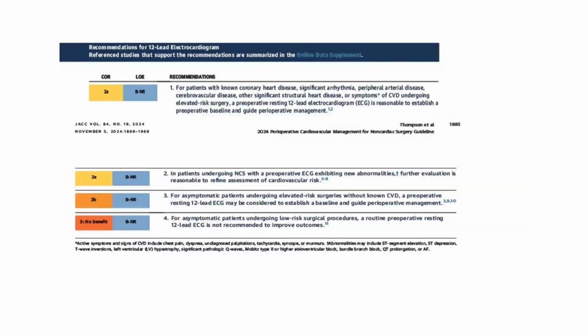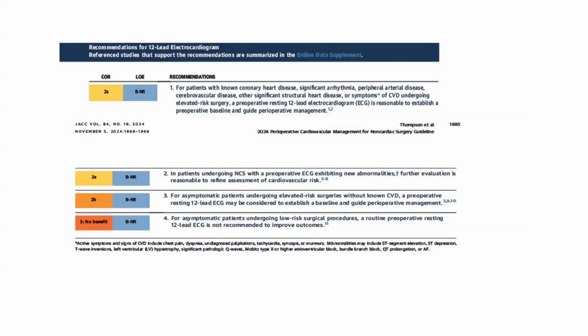In a patient that has some new abnormality that makes us think it's reasonable, they've got chest pain, they've got something going on, absolutely we should get an EKG for that patient.